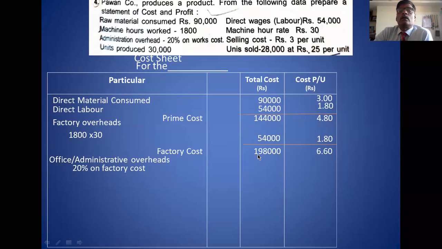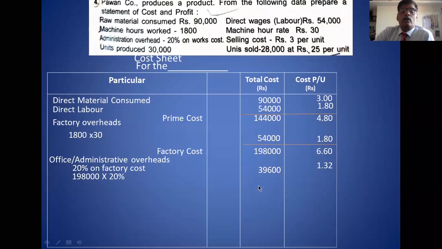Factory cost is 1,98,000. 20% of 1,98,000 is 39,600. Divide by 30,000. This is 1.32.